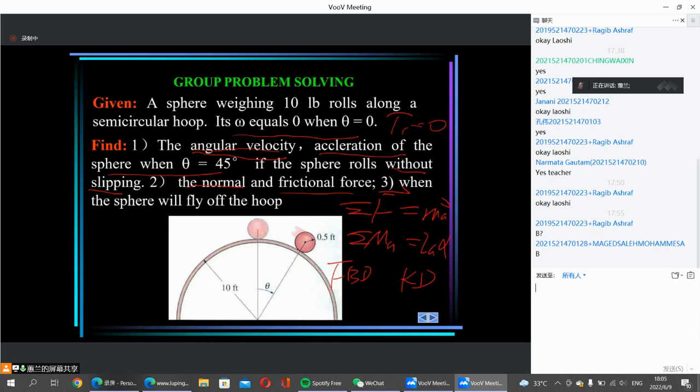They are equivalent force systems, okay? How to find out when the sphere will fly off the hoop? We know that a normal force is a contact force; no contact, no normal force. So this means when the normal force equal to 0.